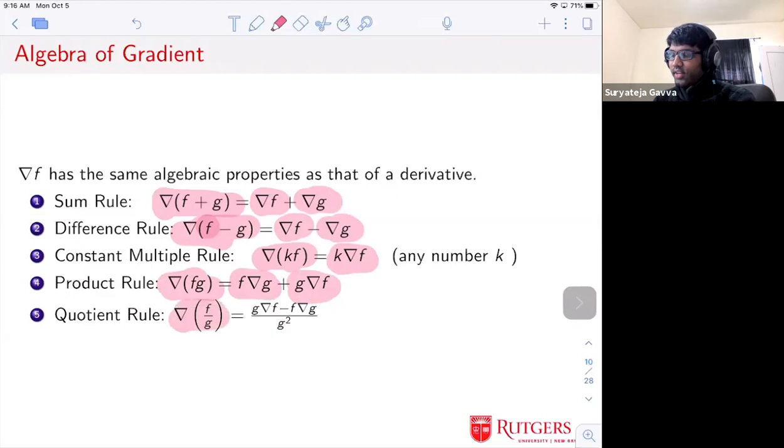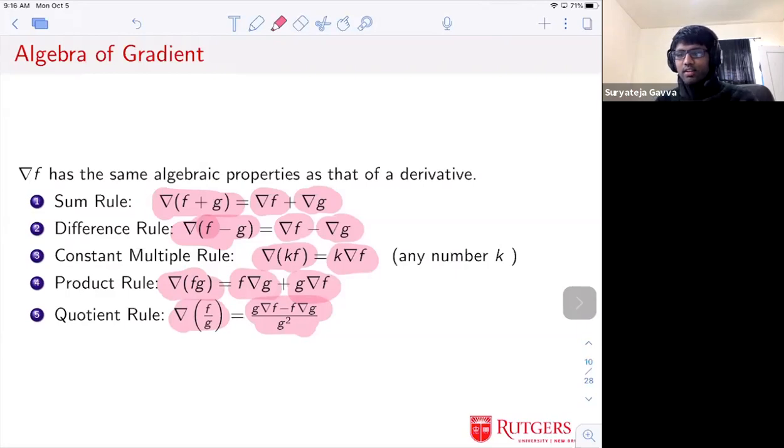Similarly, if you want to differentiate the ratio of two functions, it's the quotient rule: over the denominator squared, the denominator times the derivative of the numerator minus the numerator times the derivative of the denominator. So that gives you the quotient rule. It's completely similar to the derivative, but the only difference is that del f is not a number, it's a vector.